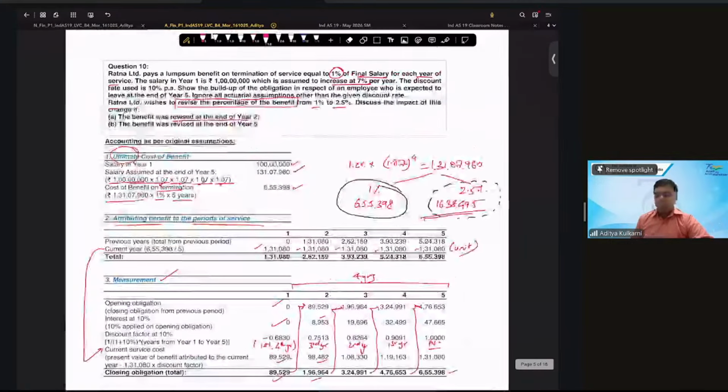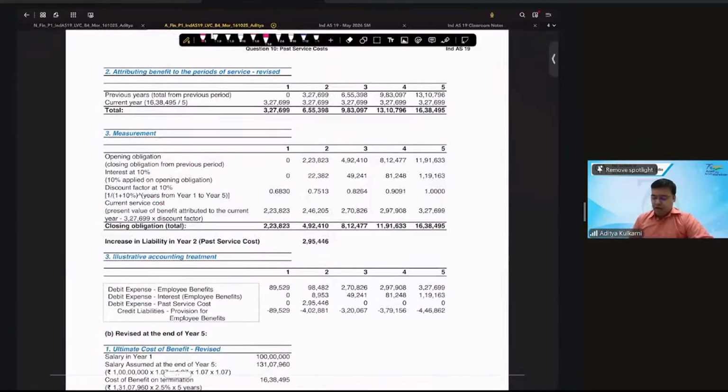Okay, so this is your new benefit. If I do the apportionment of the new benefit, it will be 3,27,699 per month. Okay, so this is 1 unit. Now, please pay attention. When I convert it into the obligation, again, I'm doing a straightforward 5-year calculation, not accounting.